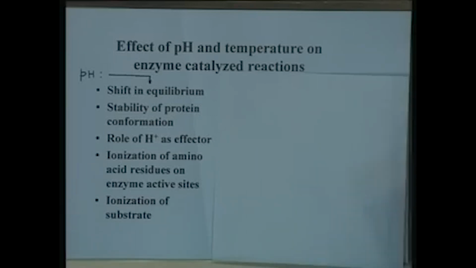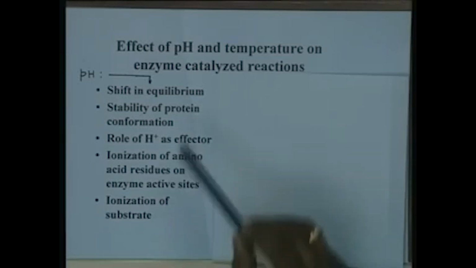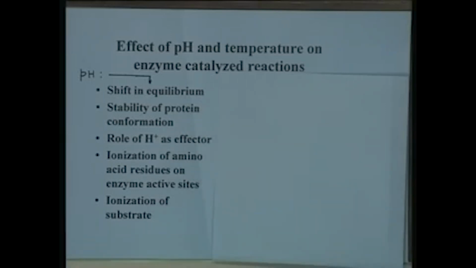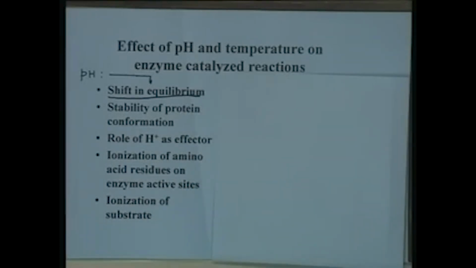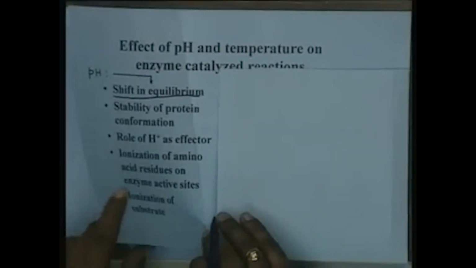The first and probably the most common feature could be the shift in equilibrium. A number of enzyme catalyzed reactions that are reversible in nature can be affected strongly by the pH, particularly reactions like oxidoreductases.